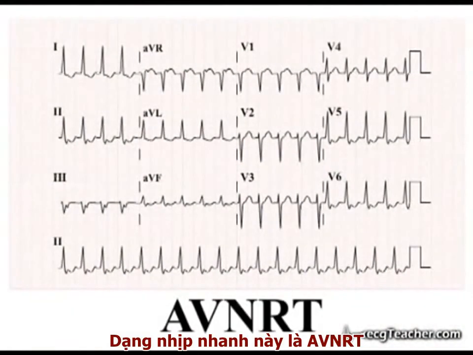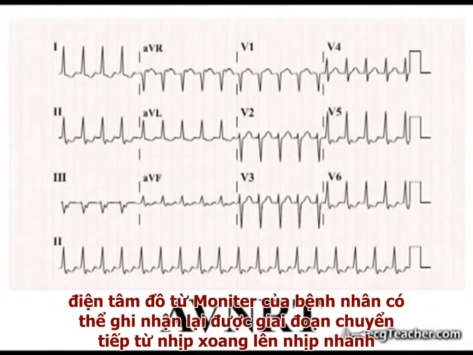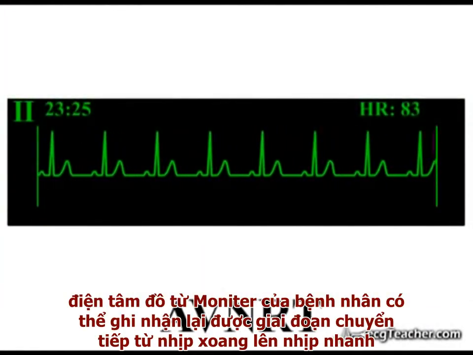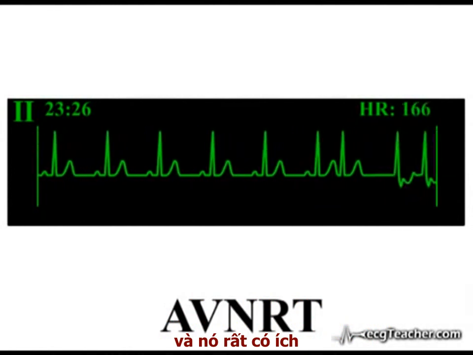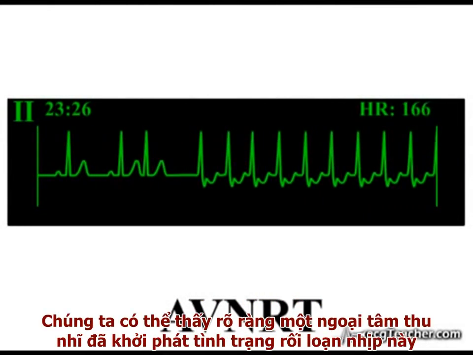This tachyarrhythmia is AVNRT. It is also worth noting that the readout from the patient's monitor captured the moment of transition from sinus rhythm to tachycardia and is very telling. Freezing at this point, we can clearly identify the premature atrial ectopic which triggered the arrhythmia.